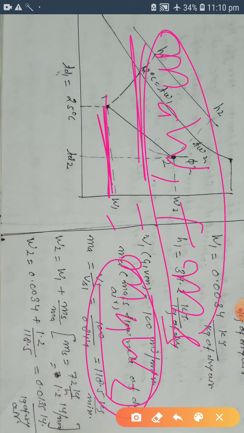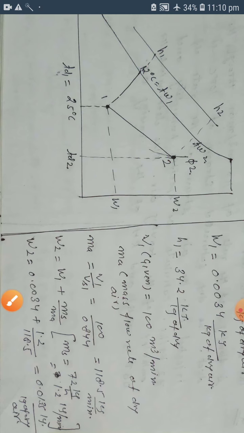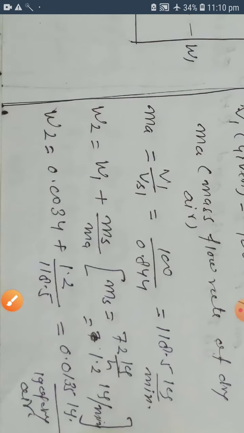So from this you know that W2 is equal to W1 plus Ms upon Ma.